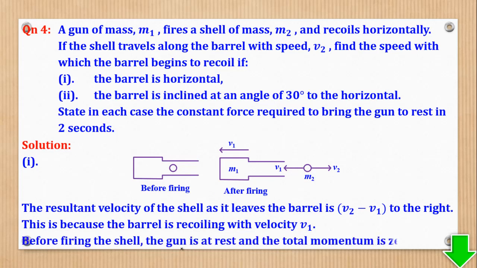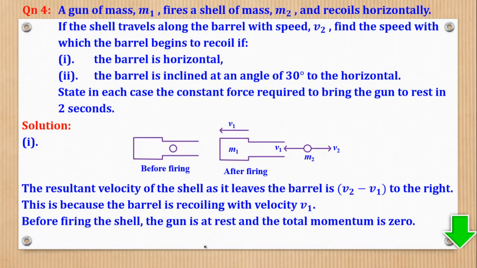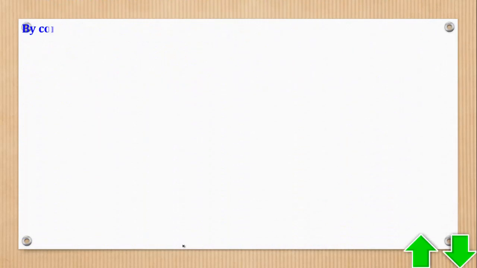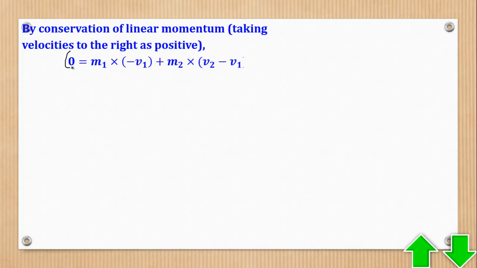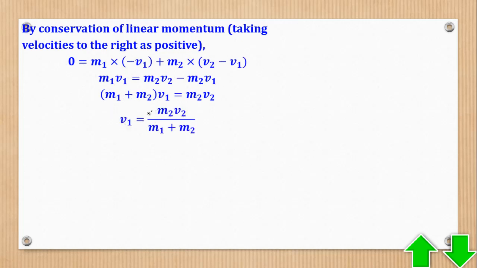So before firing, the shell and the gun are at rest, meaning total momentum is 0. By conservation of linear momentum, we shall come up with that before and after. Expand, collect like terms, put v1s on one side and v2s on the other side. Then v1 will be equal to that.